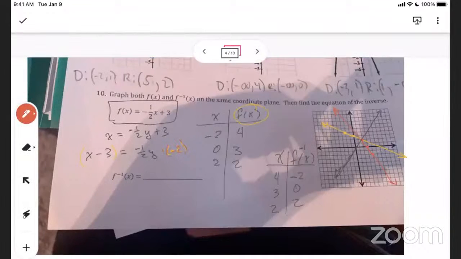Dividing by -1/2 is the same as multiplying by -2. You understand? So that goes away, and this becomes -2x plus 6. So the inverse is -2x plus 6.